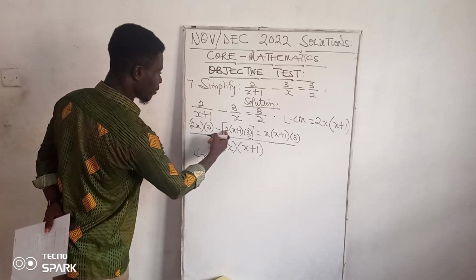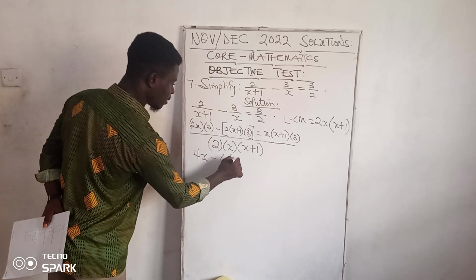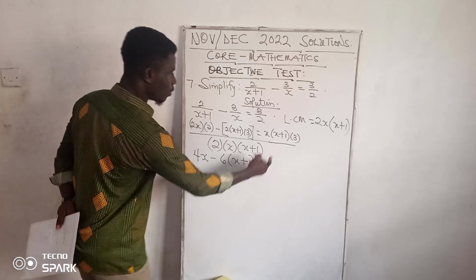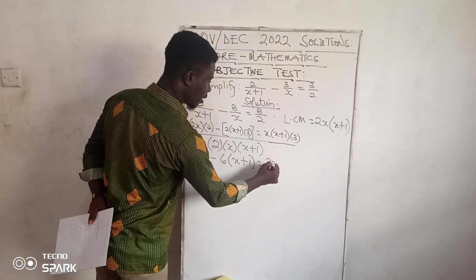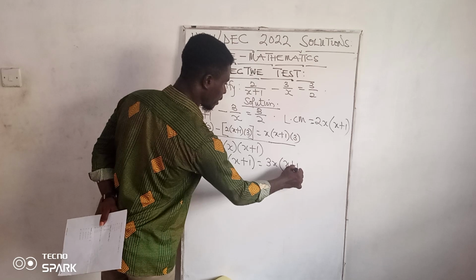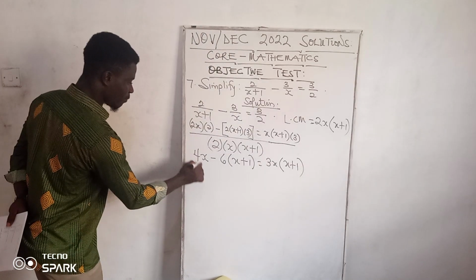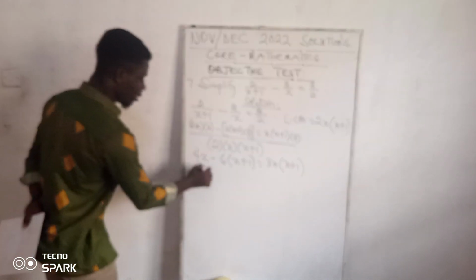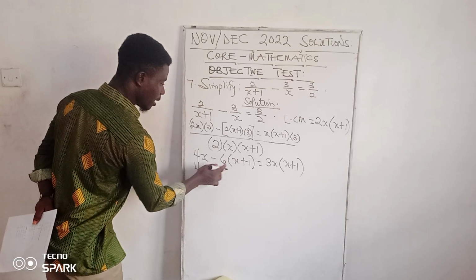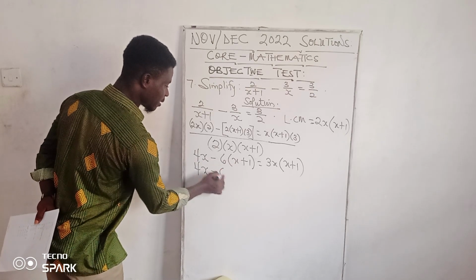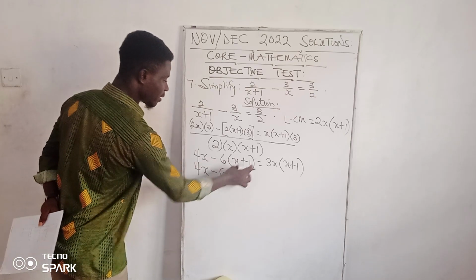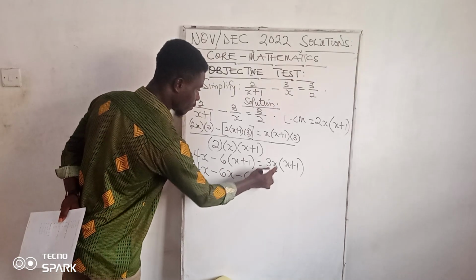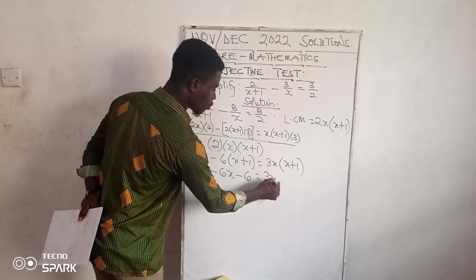Then minus 3 times 2, I get 6 times x plus 1, equals 3 times x, I get 3x times x plus 1. So now I have my 4x, then minus 6 times x, I get negative 6x, negative 6 times 1, negative 6, equals 3x times x, 3x squared.